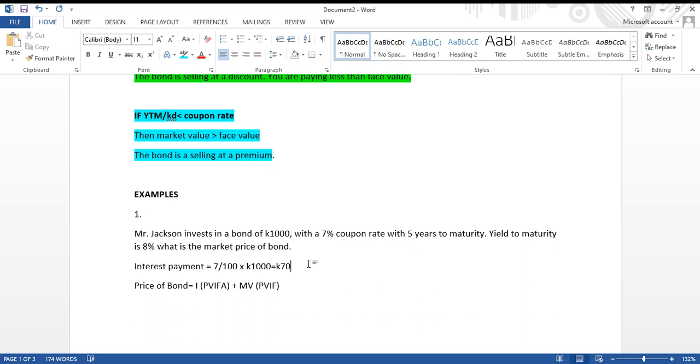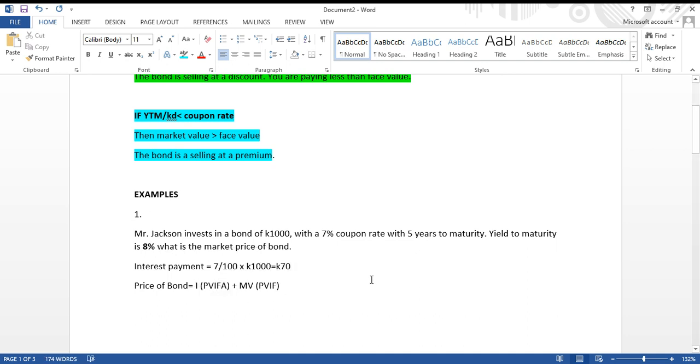After we find our interest payment, these interest payments which we'll be receiving in the future, we have to convert them into present values. And our discount factor is going to be 8%. Do not use the coupon rate as the discount factor, no, the yield to maturity is going to be used as the discount factor.